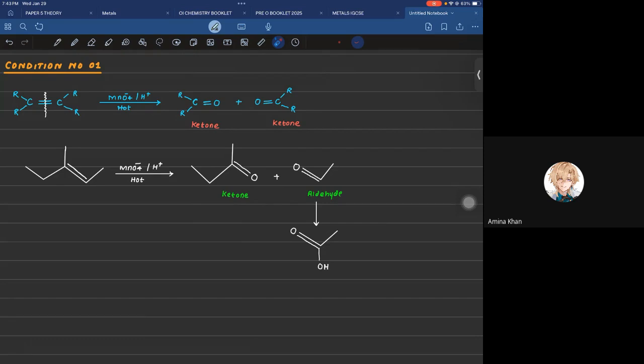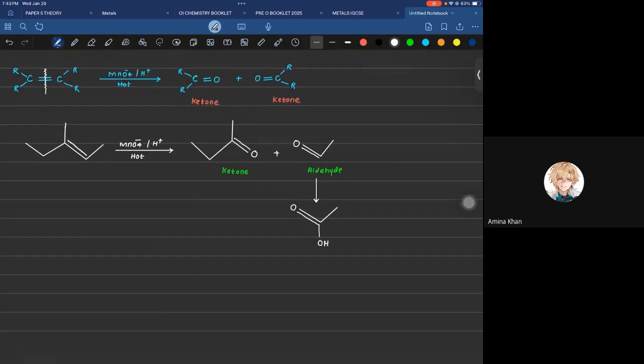Okay, tell me, if you can see this reactant, this is cyclohexene. Let's suppose this is your cyclohexene, and there is only one double bond.